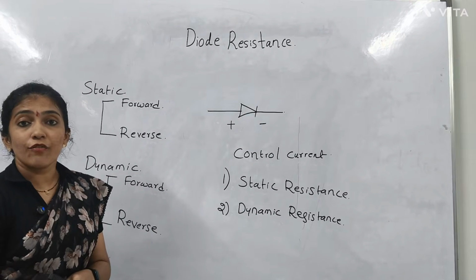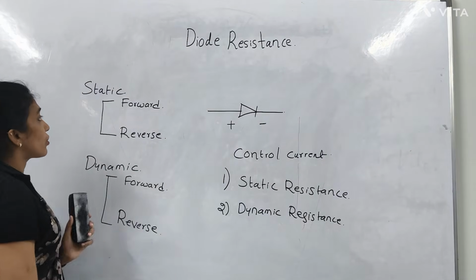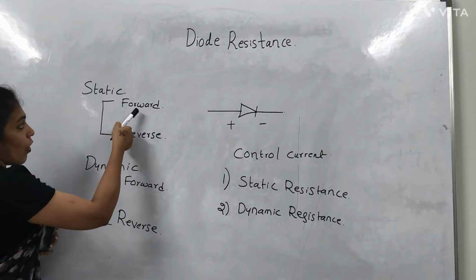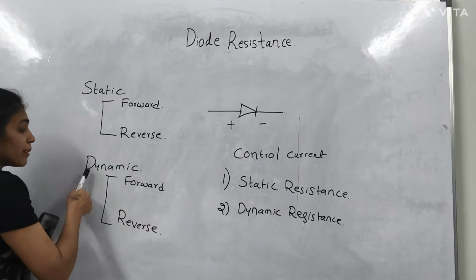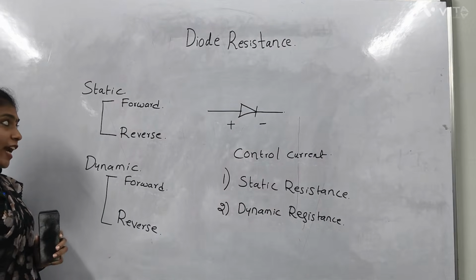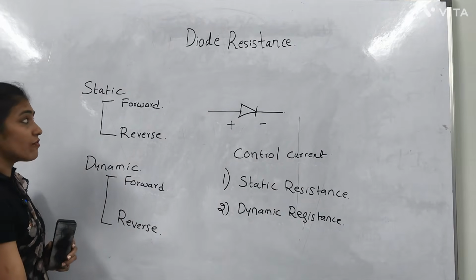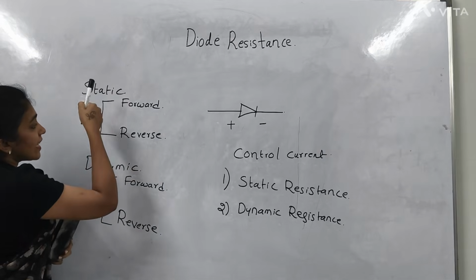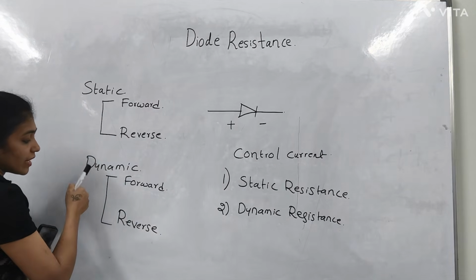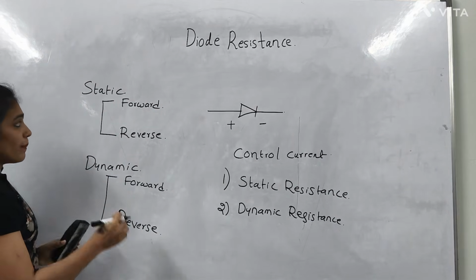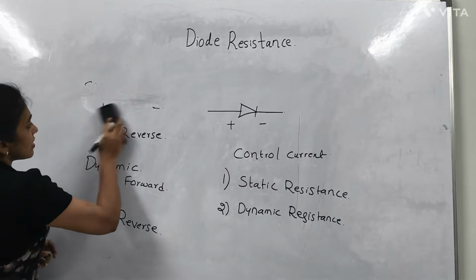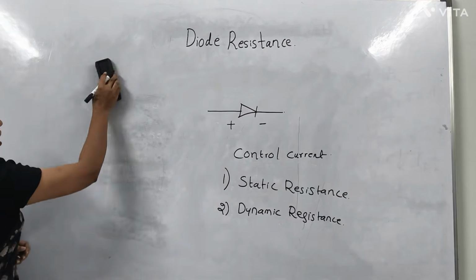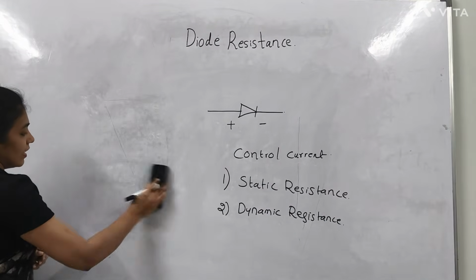So when the diode is in forward bias, we calculate static forward resistance and dynamic forward resistance. When the diode is in reverse bias, we calculate static reverse resistance and dynamic reverse resistance. First we'll discuss the forward bias condition.